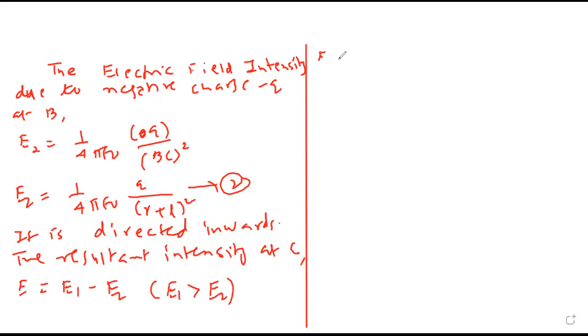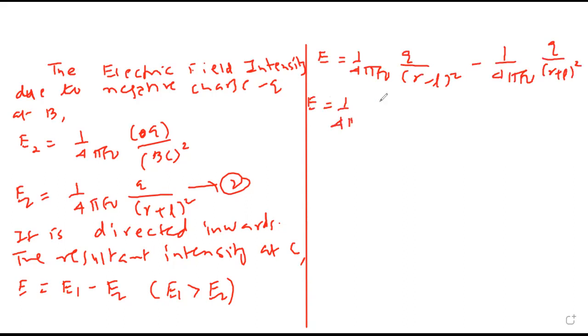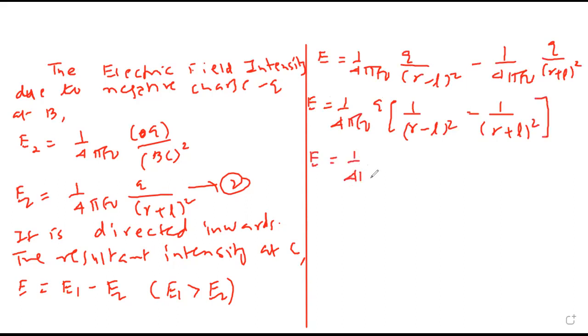So we get E equals 1 upon 4 pi epsilon naught Q upon (R minus L) square minus 1 upon 4 pi epsilon naught Q upon (R plus L) square, which equals 1 upon 4 pi epsilon naught Q times [(R plus L) the whole square minus (R minus L) the whole square].